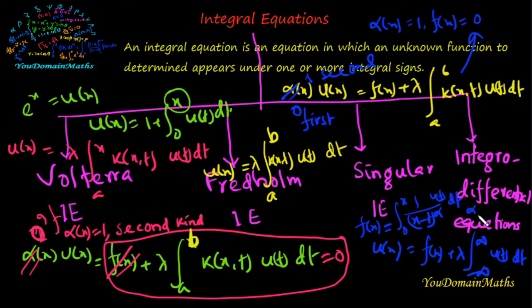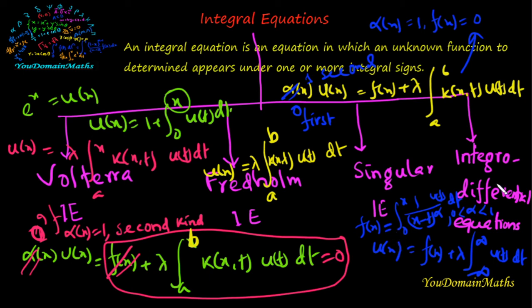Here alpha is restricted: 0 less than alpha less than 1. At this time, x minus t is 0 in the interval, so this equation is also called a singular integral equation.